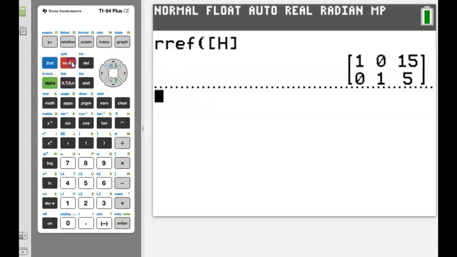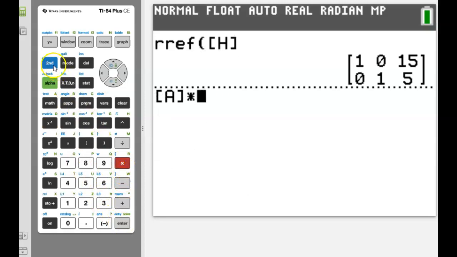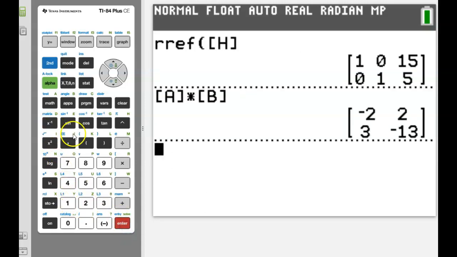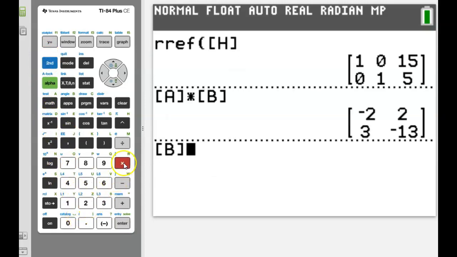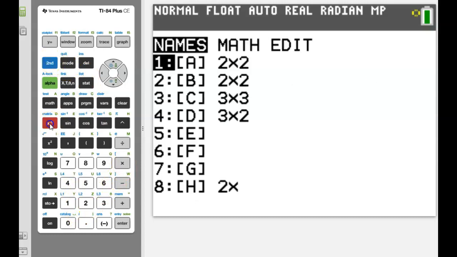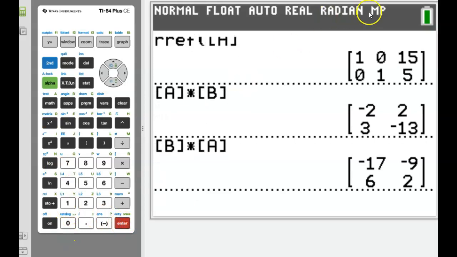So now on my home screen, all I want to do is put the name of A times the name of B. And then I also want to do the name of B times the name of A. And notice I do not get the same thing, right? Everybody good?